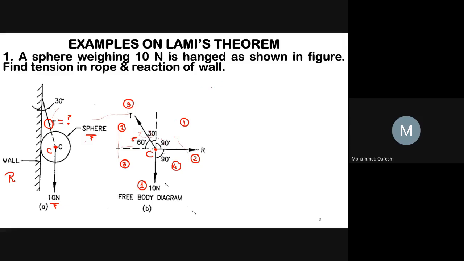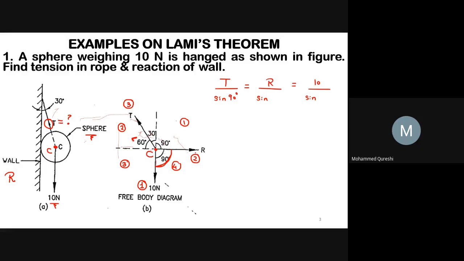So first of all, we will write here T upon sine equals R upon sine equals 10 upon sine. So this is your T force, and according to Lami's theorem, the angle between the other two for T is 90 degree. So here T upon sine 90, and here we are going for the R force.